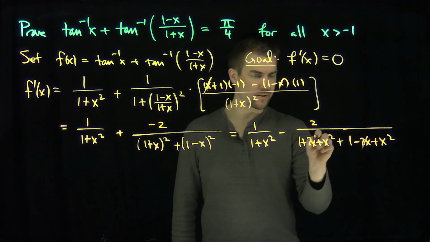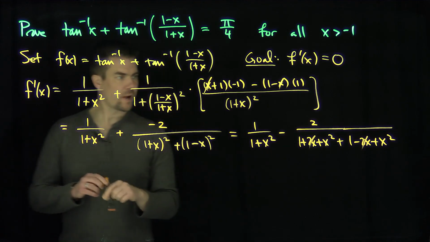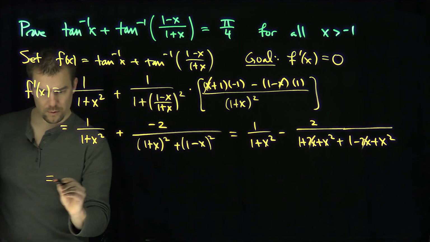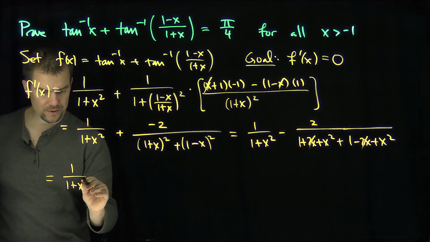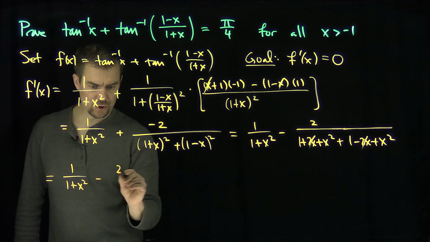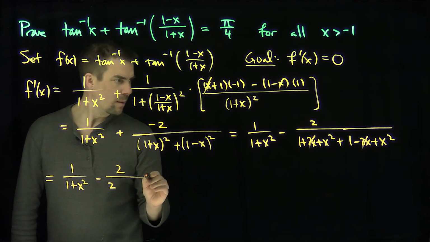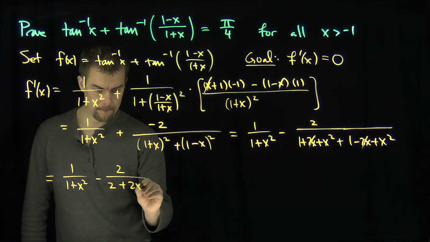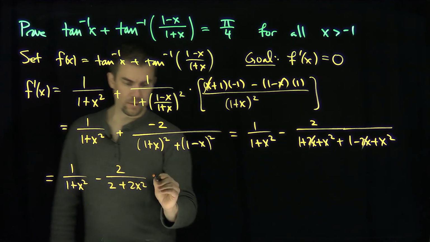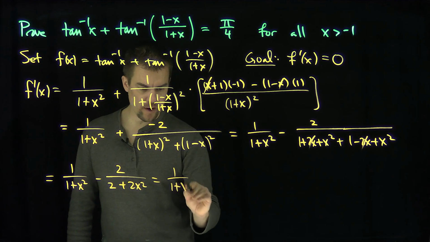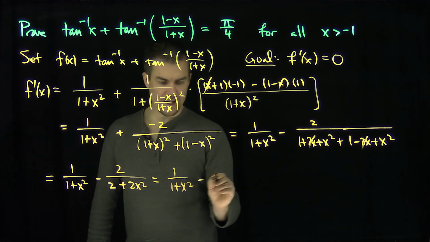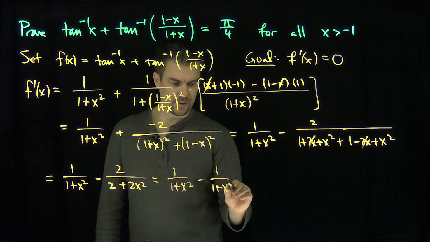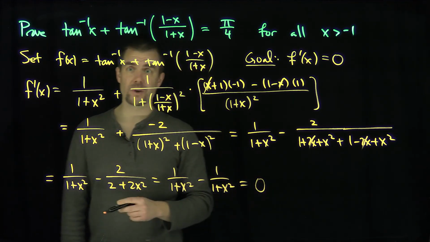So now the 2x terms will cancel. What I have is 1 over 1 plus x squared, minus 2 over 2 plus 2x squared. Well, I can cancel the 2. So I have 1 over 1 plus x squared minus 1 over 1 plus x squared, and lo and behold, the derivative is equal to 0.